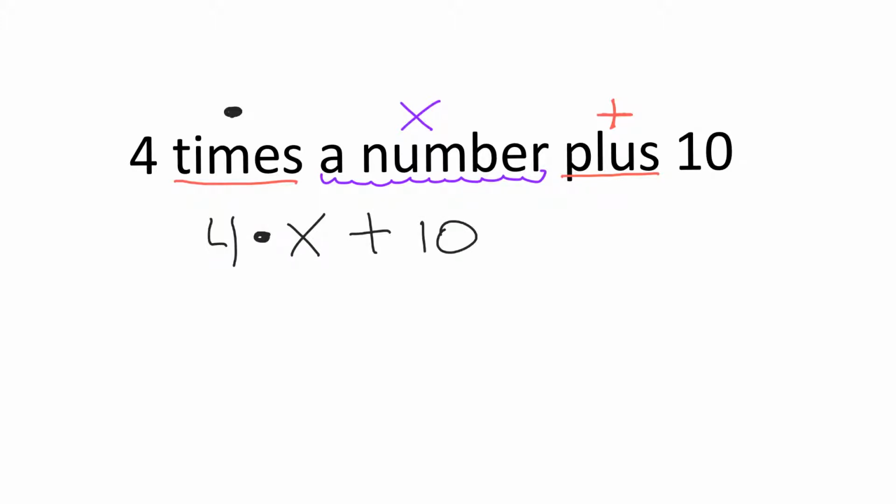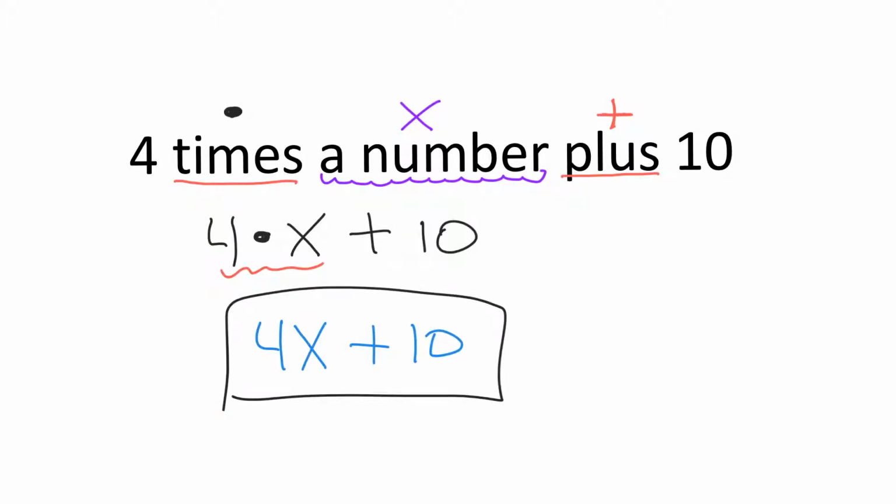Now here, we don't need that times in the middle, because remember when you have a variable with a number, and they're multiplying, you don't need to put the times in the middle. So I'm just going to write down the 4x, and I bring down the plus 10, and that's the algebraic expression that represents this sentence, 4 times a number plus 10.